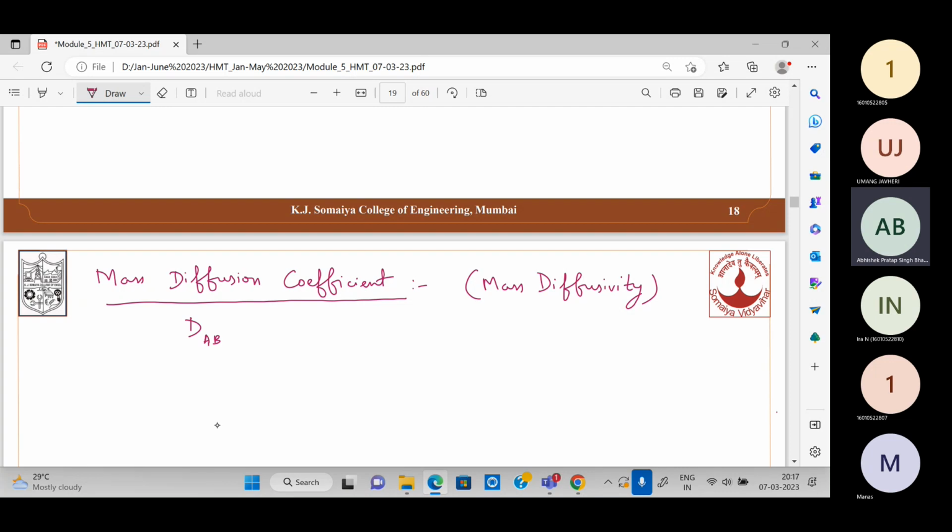The value of this mass diffusion coefficient varies widely from phase to phase. Due to the complex nature of mass diffusion, the diffusion coefficient is usually obtained experimentally.